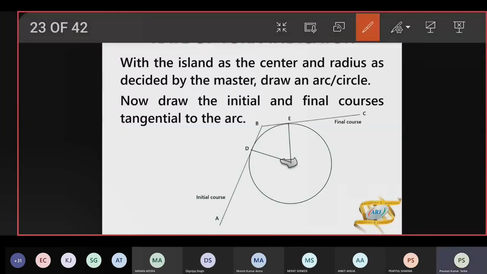So number one, we have decided the radius, we have identified the object, then we have drawn the arc, and then tangential to that, the initial and final course.